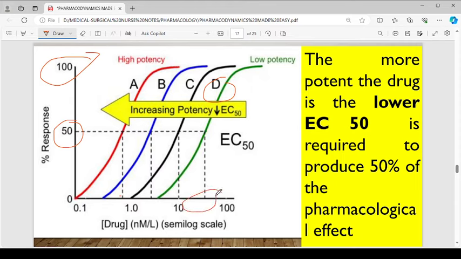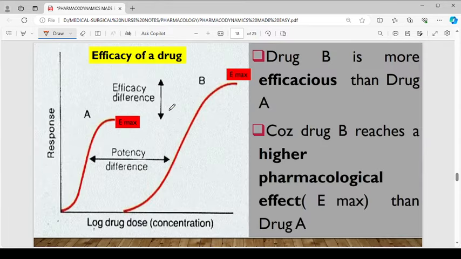We need this quantity of drug to produce 50%, okay, as opposed to drug A, where we need less than 1 to produce the same effect, the 50%. So drug A is more potent than drug D because we need a lower dose, a lower EC50, to produce the same 50% effect by drug A. All right? Okay. That is about potency of the drug.